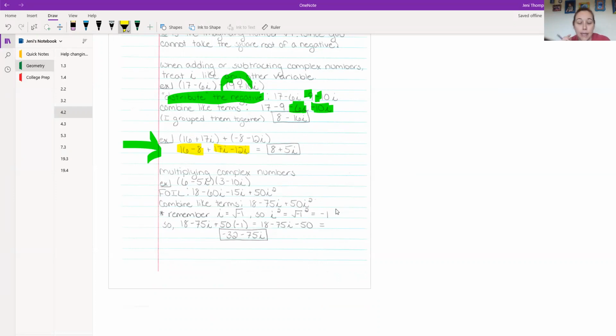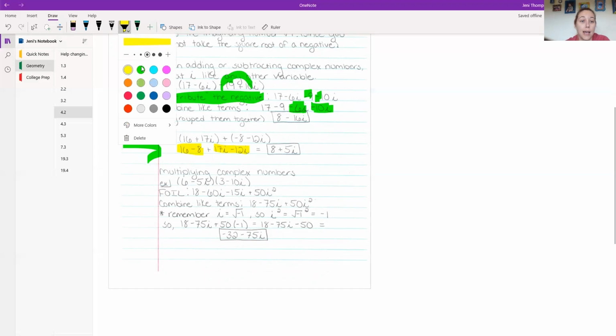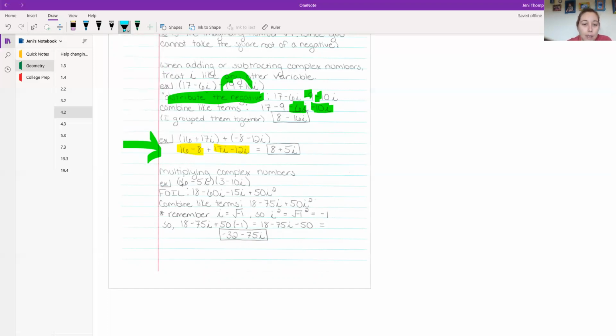Let's talk about multiplying. Same deal, right? It's very similar. We're going to treat i like any other variable until we get to the end here. So here we're multiplying two binomials, right? That's FOIL. So first, 6 times 3 gives us 18.